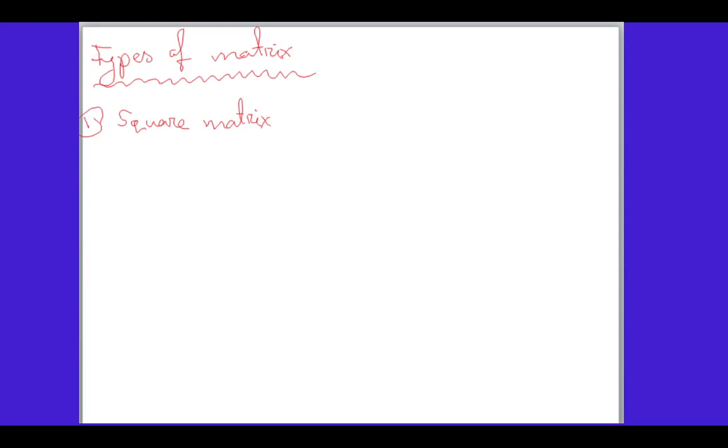So what is a square matrix? In a square matrix, the number of rows is equal to the number of columns.